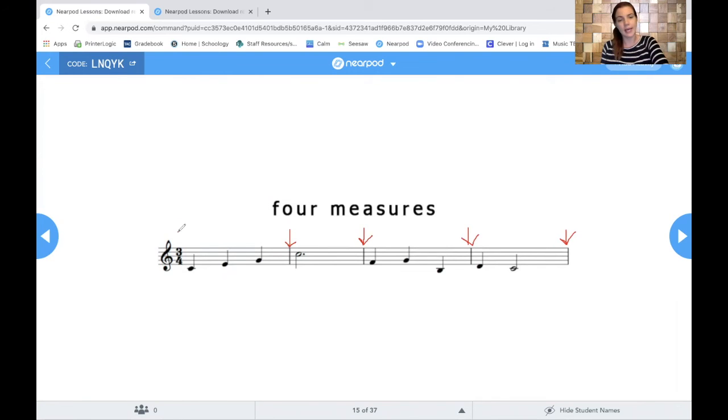Right here we have the time signature and it says 3/4. The top number will always be the amount of beats that you have in one measure. If you notice here, just for example, the first measure has 1, 2, 3 beats. And then the bar line tells us there's the 3 beats, moving on to the next 3 beats.